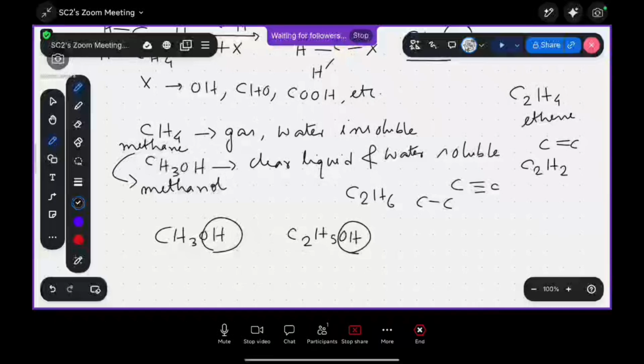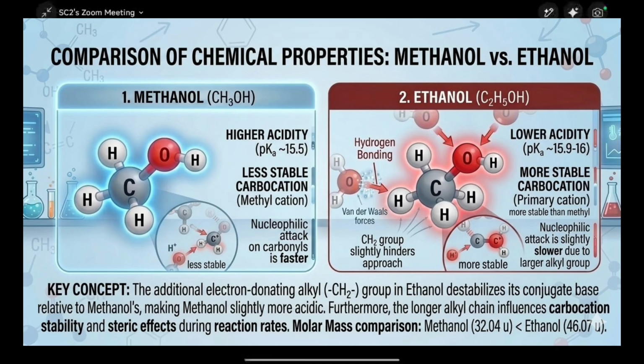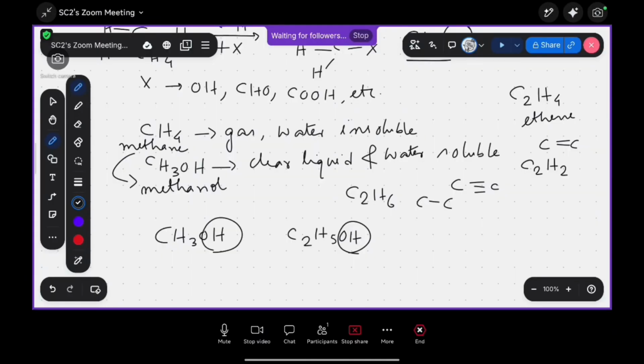What are chemical properties? Chemical properties are those which help you determine the type of reactions a group of compounds may undergo. If two or more compounds have the same functional group, the same type of bond, then they will have similar chemical properties.